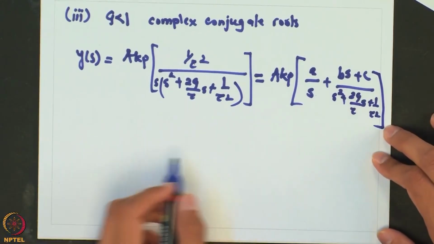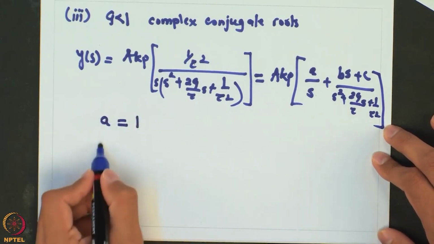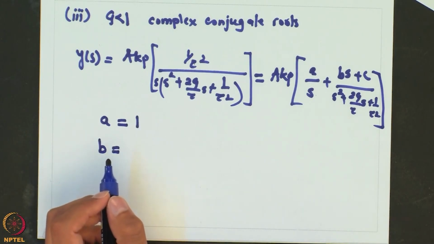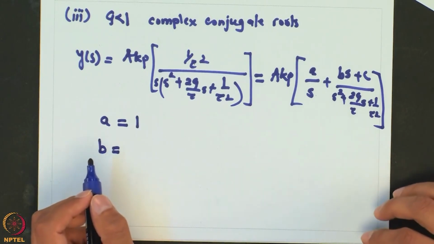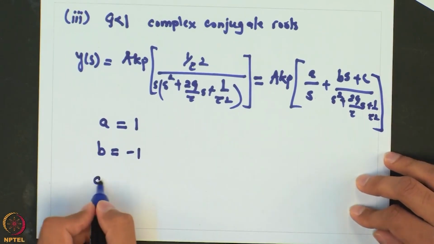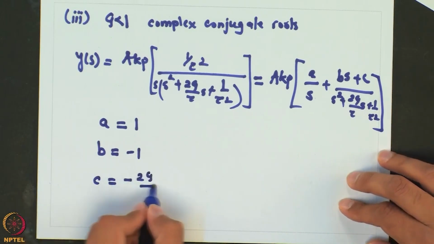So, for this case, the method of partial fractions would give us A equal to 1, B will come out to be minus 1, and C will come out to be minus 2 zeta over tau.